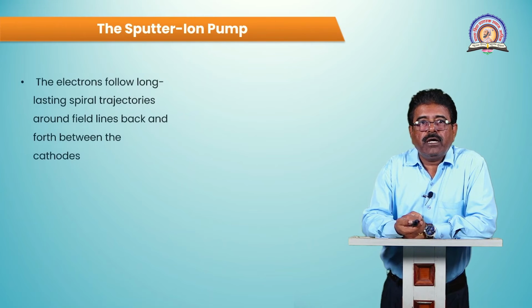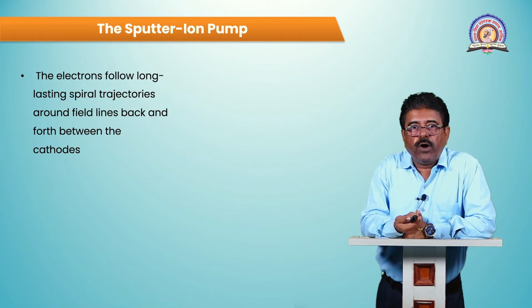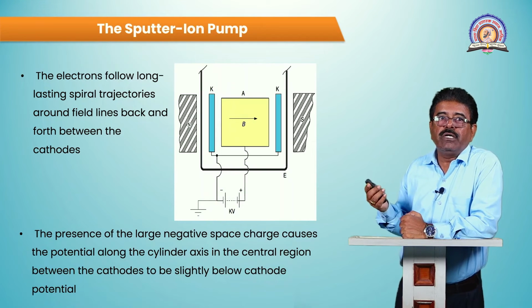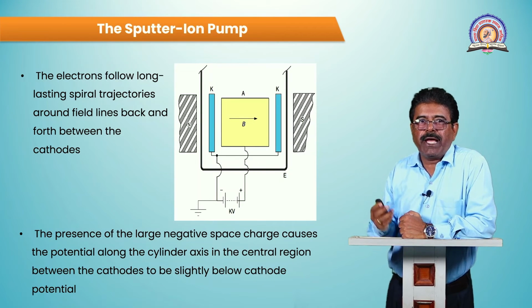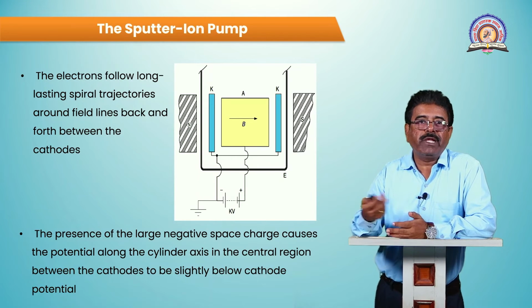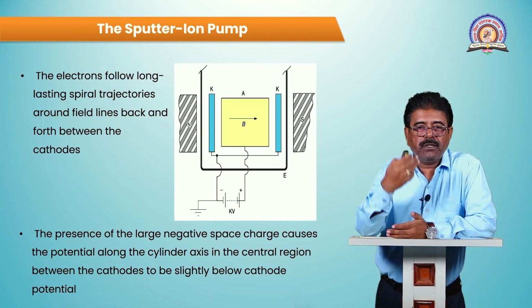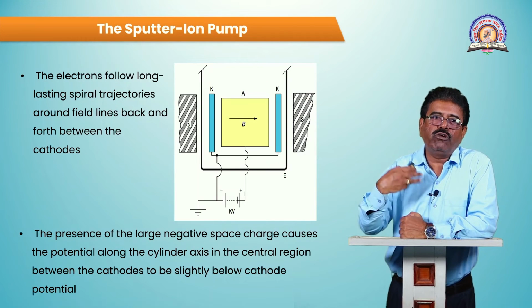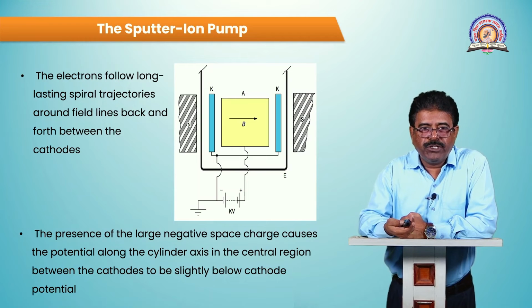So, the electrons follow long lasting spiral trajectories around the field lines back and forth between the cathodes. So, electrons will travel over a very long distance, and the benefit is that they will perform more collisions with the gas molecules and there will be further ionization.